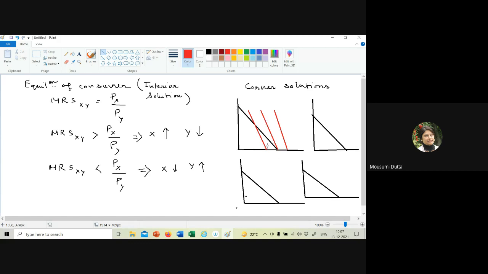Now, if the black line indicates the budget line, can anyone tell me whether the slopes of the ICs are steeper or flatter compared to the budget line? Steeper. So, am I talking about the first case then?